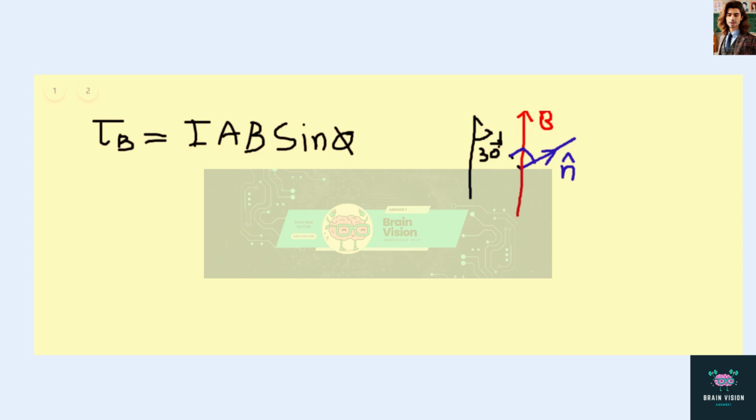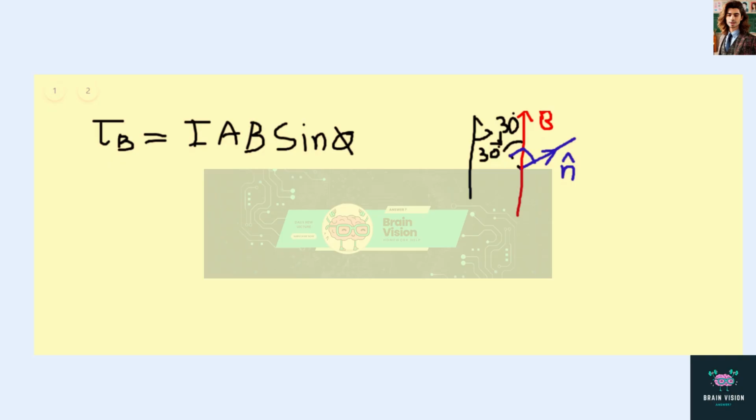This angle is 30 degrees. This red line and this solid black line are parallel, which tells me that this angle is also 30 degrees. And the angle between the normal and the vector r is 90 degrees.